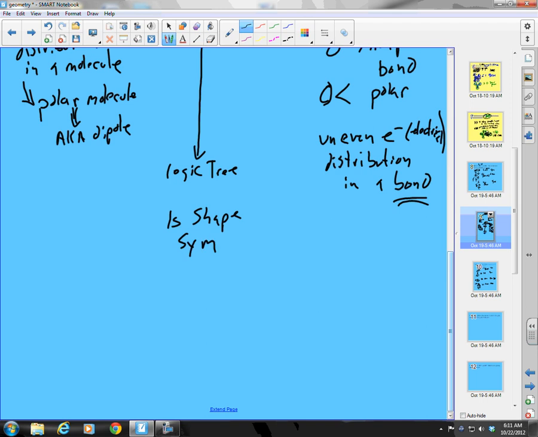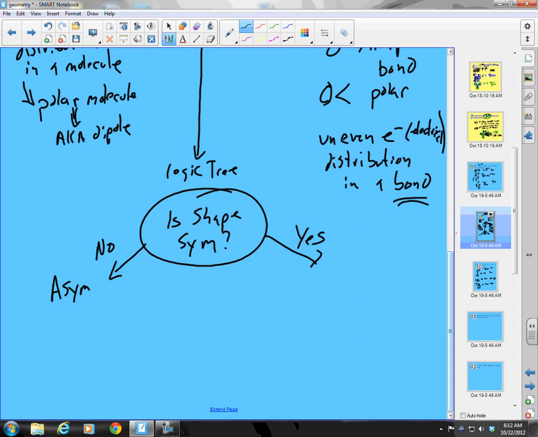Aha, now you understand why we ask about symmetry of shapes. If the answer is yes, then we have another question. If the answer is no, meaning it is asymmetric, then my polarity is polar. Then you have a polar molecule.